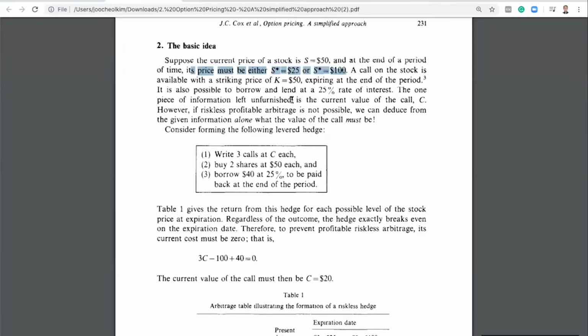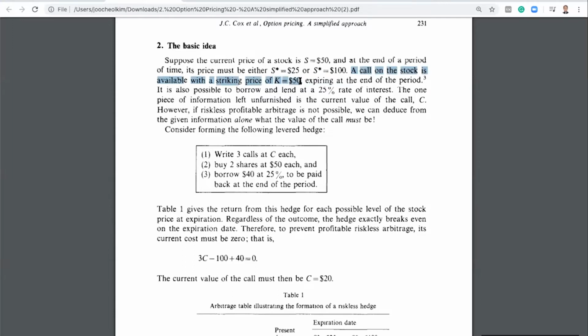So right now it's $50, but at the end of the one period, which means when we toss a coin, it can be either $100 or $25. So it depends on the coin tossing. And then a call on the stock is available with a strike price of 50.